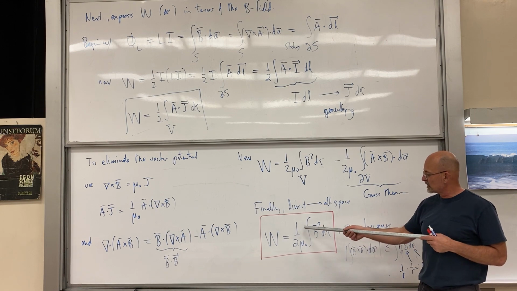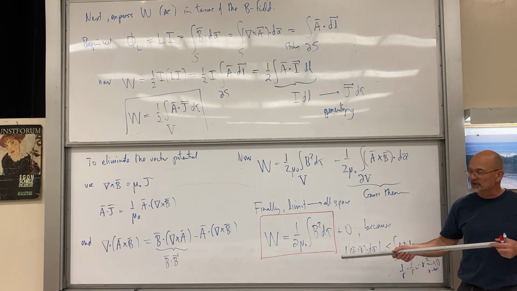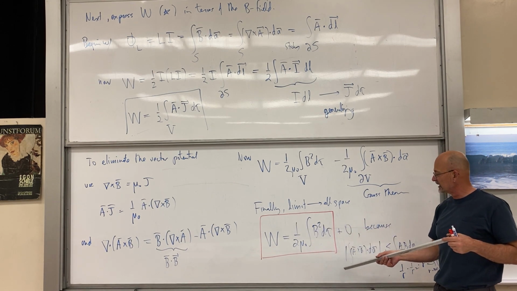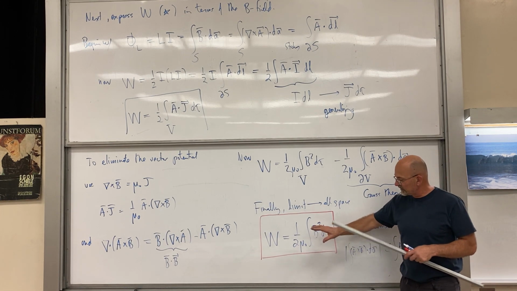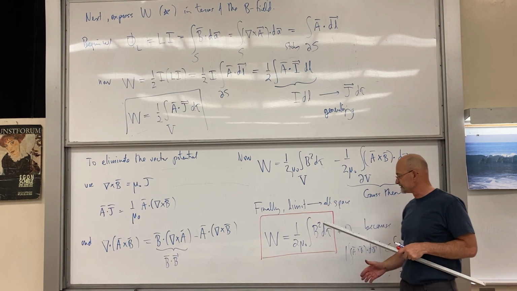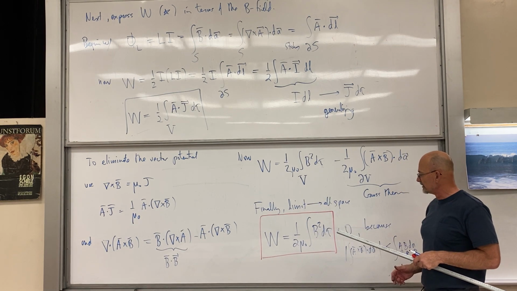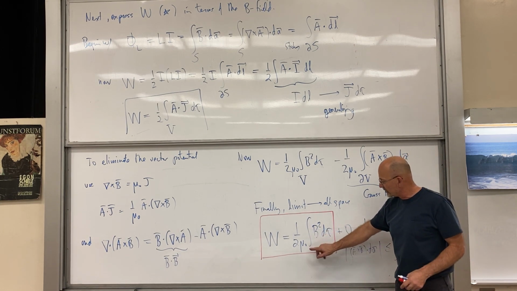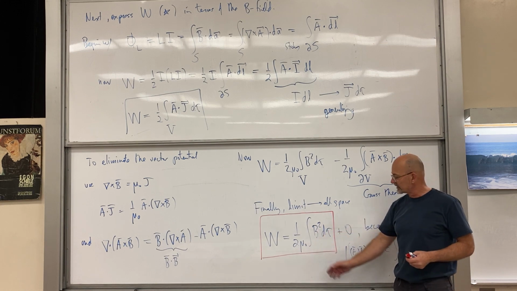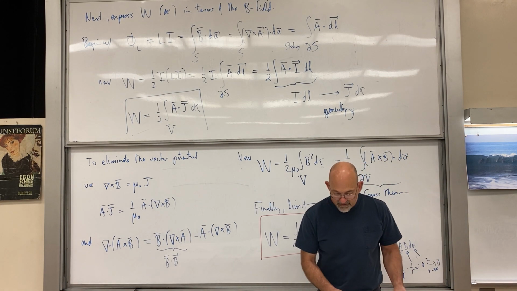Okay. Yeah, that would actually be a good one to pay attention to as a consistency check. Okay. Volume integral B squared in the solenoid, it literally is the volume inside the solenoid. And yeah, the B field just vanishes outside the solenoid. So it doesn't matter if you're integrating over all of space. Okay, let's see what we have left here.